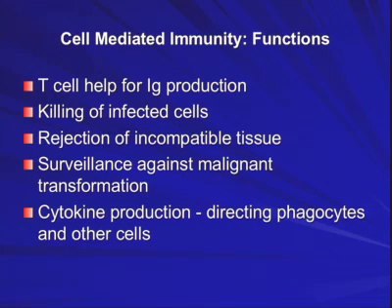It also provides a function to reject incompatible tissue because it recognizes different tissue types and provides a bit of a challenge for transplantation biologists. It also recognizes altered self and provides surveillance against malignant transformation. And it provides a variety of cytokines that direct phagocytes and other aspects of the immune system. Extremely important cells.